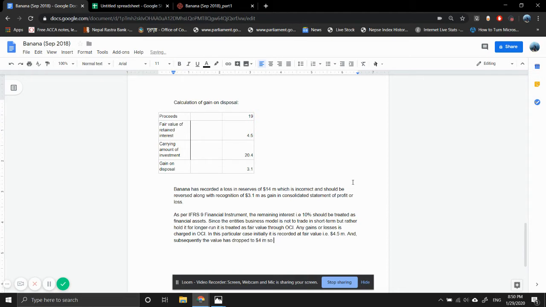So 0.5 million is reported as loss in other comprehensive income.